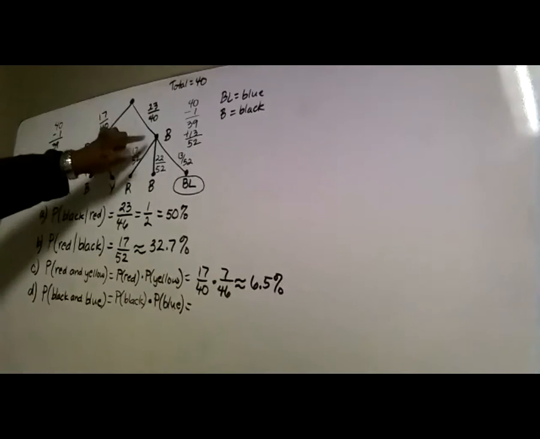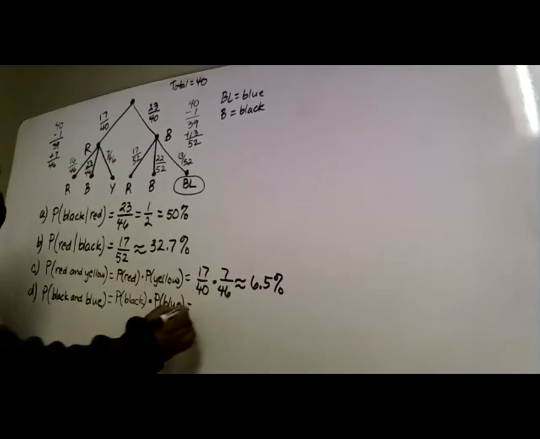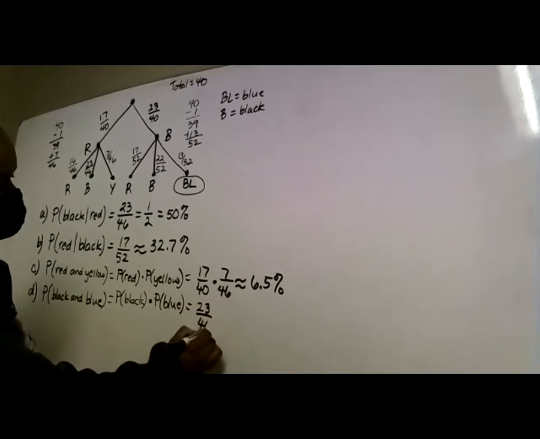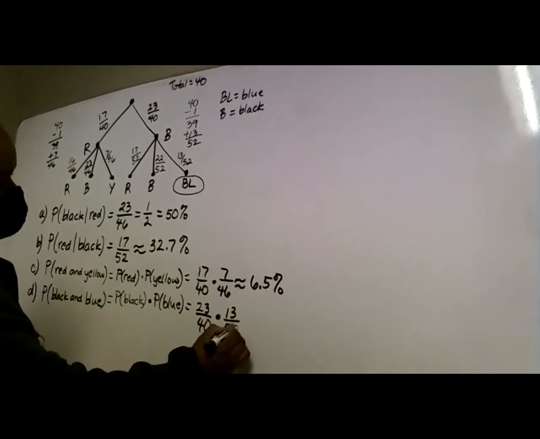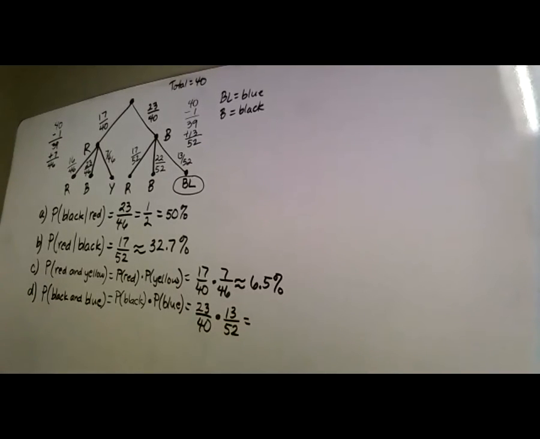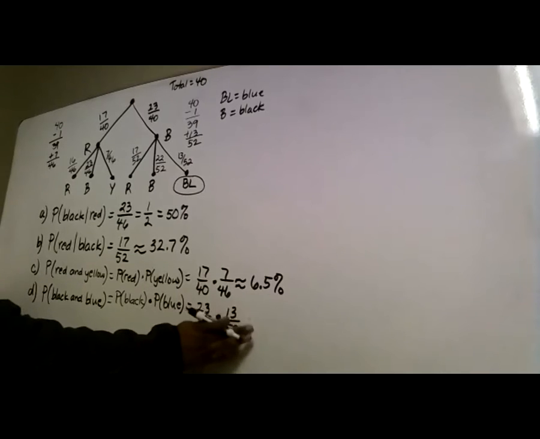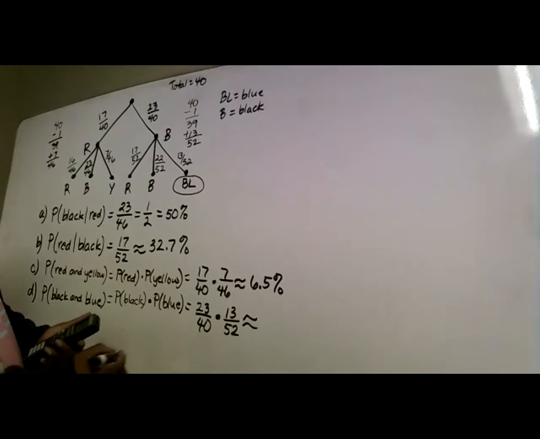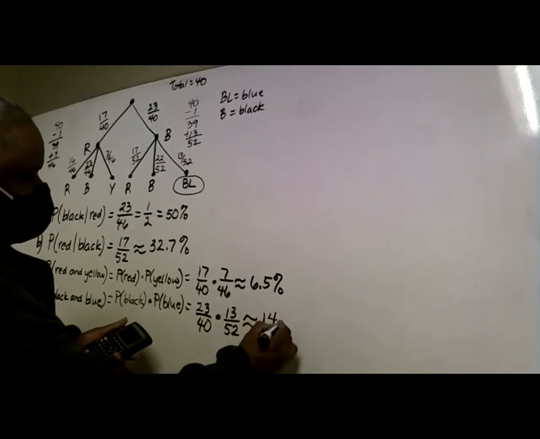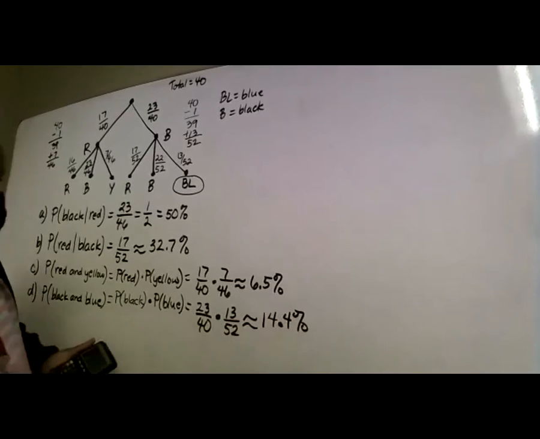So the probability of getting a black marble, that's 23 out of 40, times the probability of getting a blue, 13 out of 52. Let's see what this is as a percent. 23 divided by 40 times 13 divided by 52 times 100. So to one decimal place, this is what I get: 14.4%.